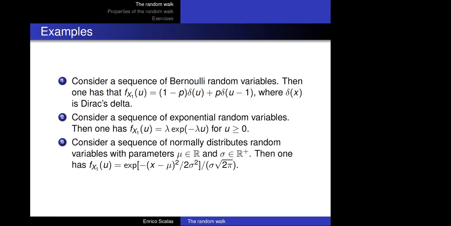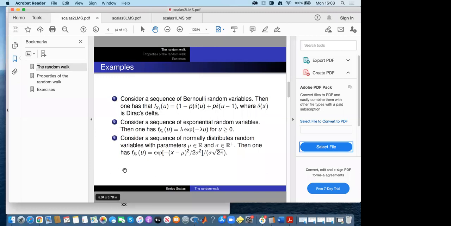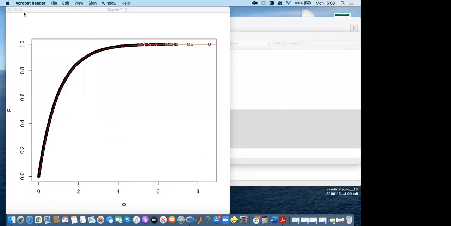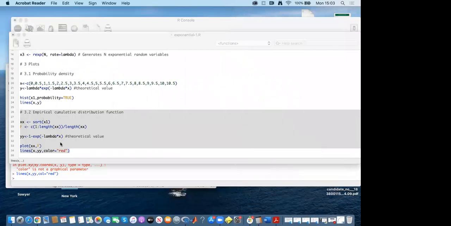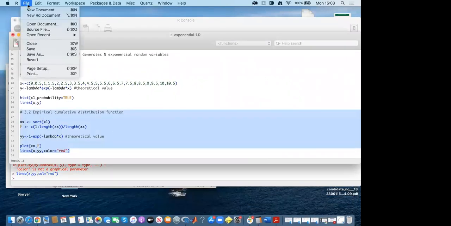Well, let's try this case since we have a simulation of the exponential random variable. So example 2. I will take the risk of simulating it with you. Maybe I open another document.